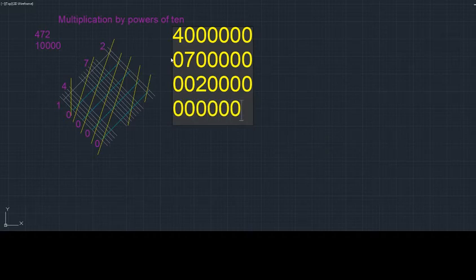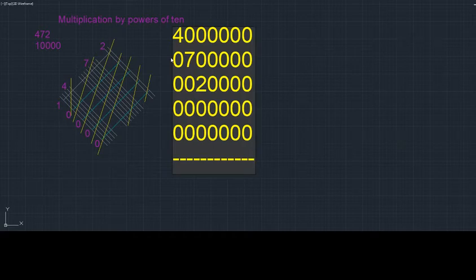And of course, if we did not identify our columns, we would not know how many trailing zeros there were. But for the example's sake, we can see that this becomes 472,1234. That is our product.